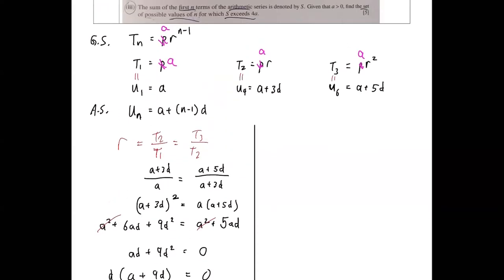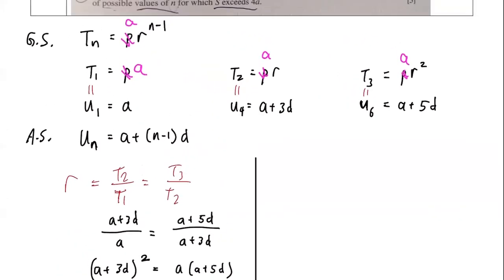So what do I mean by that? Here we have A to A plus 3D, which is a difference of 3D. Here, A plus 3D to A plus 5D, which is a common difference of 2D.